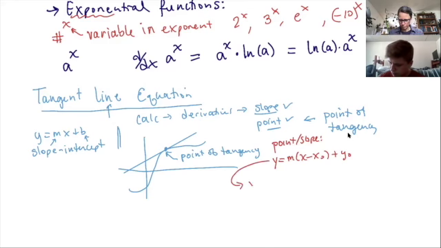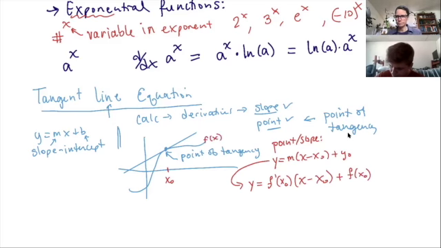The calculus version, instead of calling the slope m, we might call this f prime. And this isn't all f primes, it's only the f prime at our point of tangency, at x naught. So then we do x minus x naught, and then instead of calling it y naught, we call this f of x naught to reference the fact that this is our function f of x.